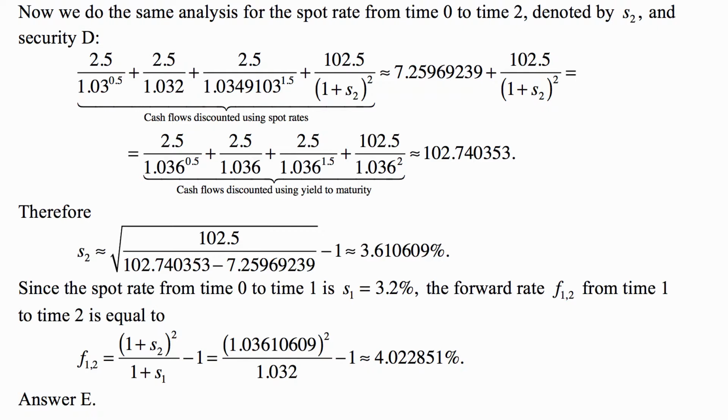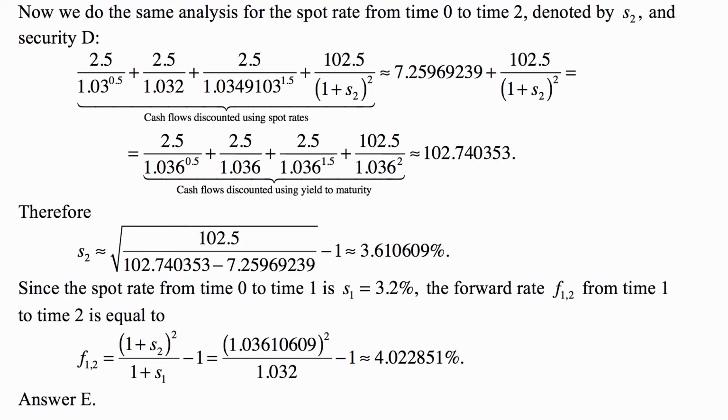And as you can see, this amounts to an equation in which S2 is the only unknown, so we calculated from this, and S2 comes out to be about 3.610609%.